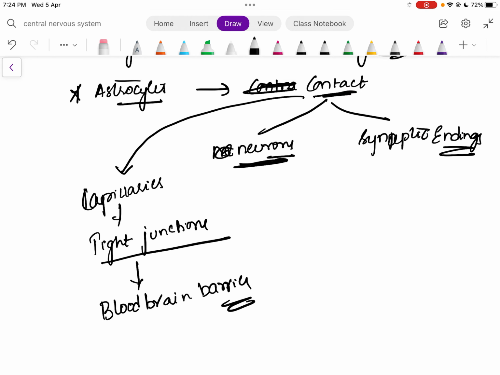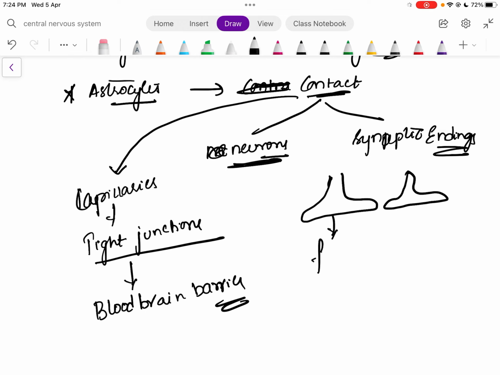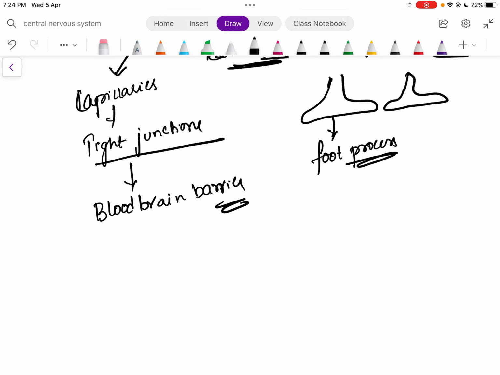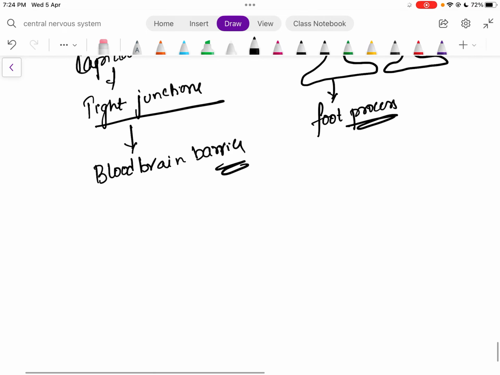So these astrocytes will make contact with the neurons, synaptic ends and capillaries. The endings where they make contact with the capillaries, neurons and synaptic ends are called foot processes.